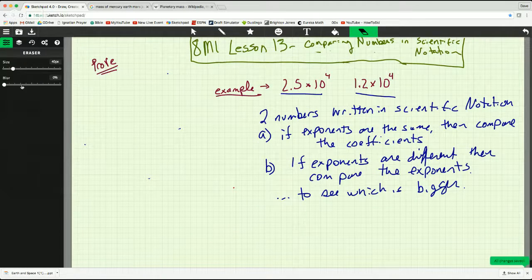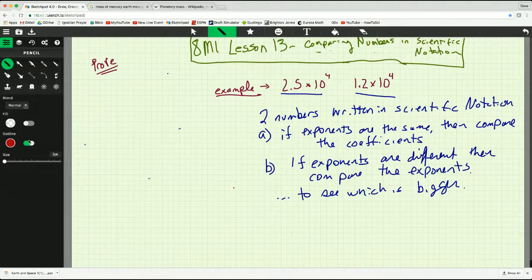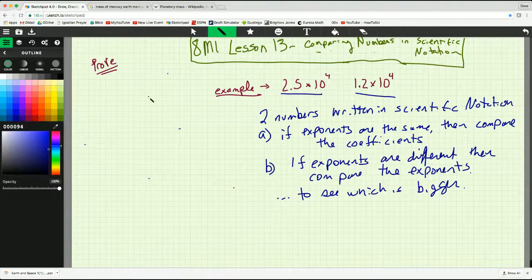And so now we're going to go to case B. These are informal proofs. This isn't for college students, this is for 8th grade students that are just trying to understand.